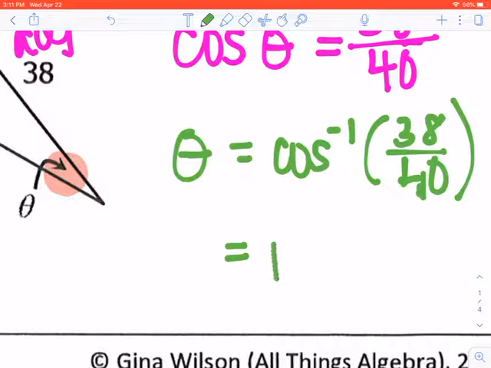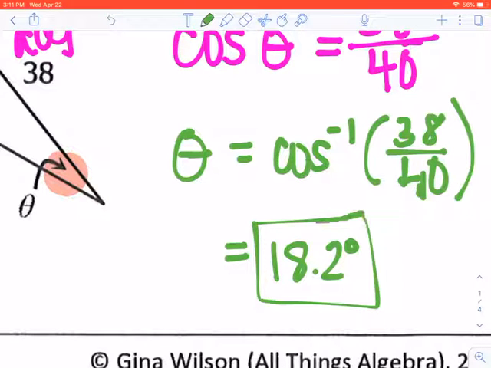So I have 18.2 degrees. And that's going to be our angle theta that has a ratio of 38 over 40. Okay, the ratio 38 over 40 for every cosine will always have an angle of 18.2 degrees because that's how they are related. Okay.